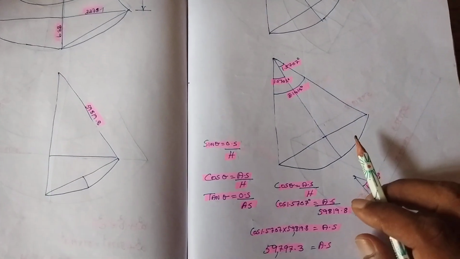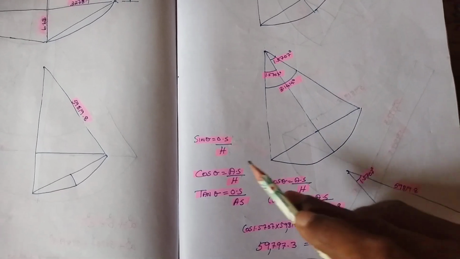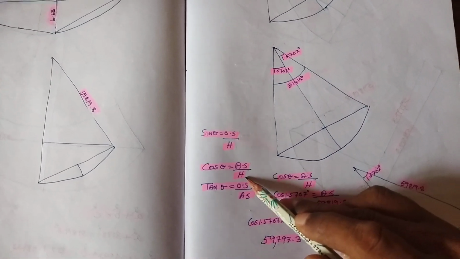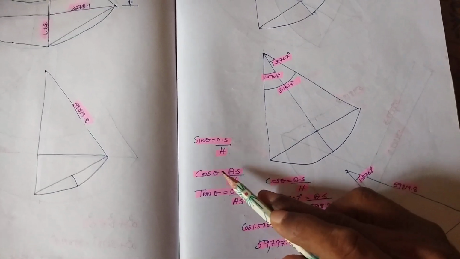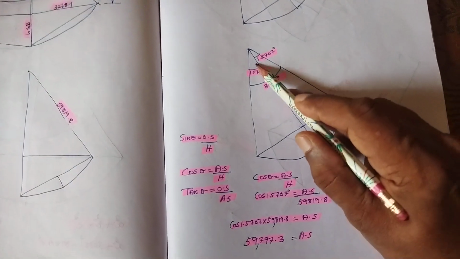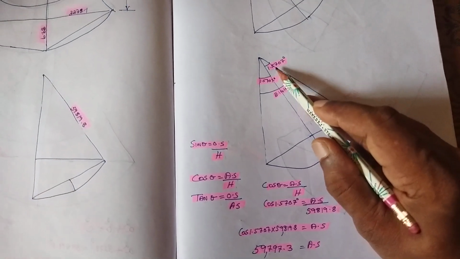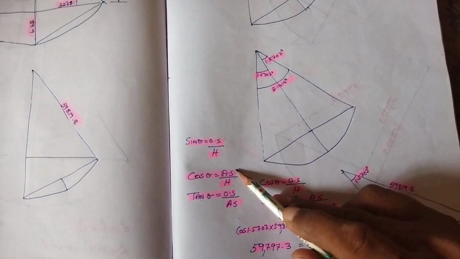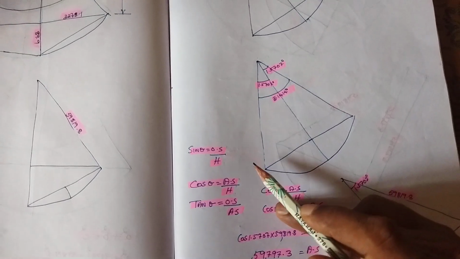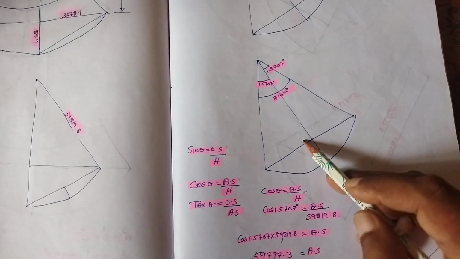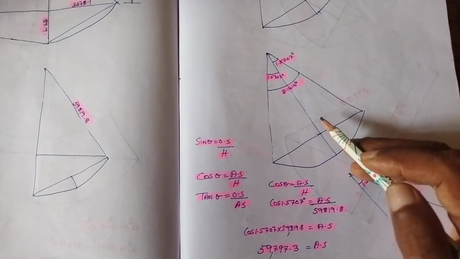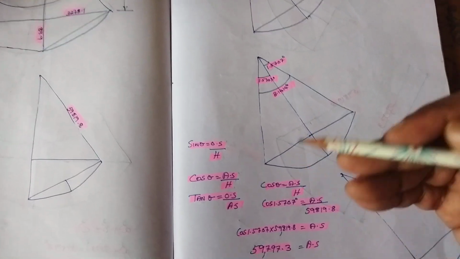Cos theta we can use, because its formula is adjacent side by hypotenuse. In this cos theta, theta is 1.5707. And for the adjacent side, from here to here, we have no measurement, but we have to get it.